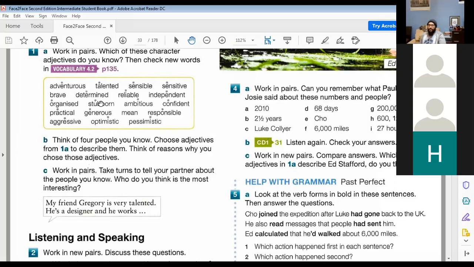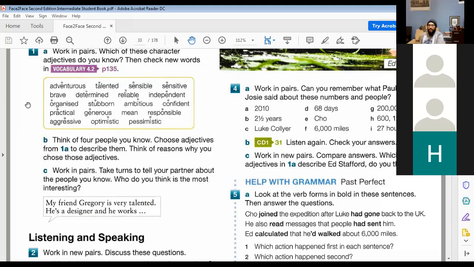Okay, I will talk about my sister. My sister Aisha is very confident, and she is organized, and she works as a teacher like me.